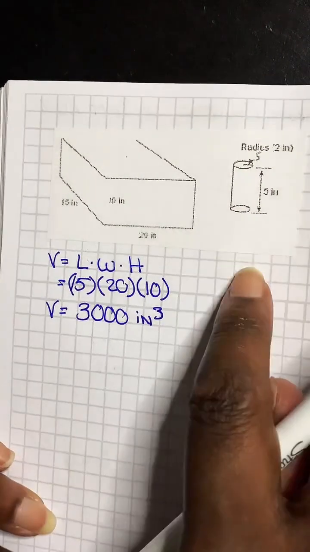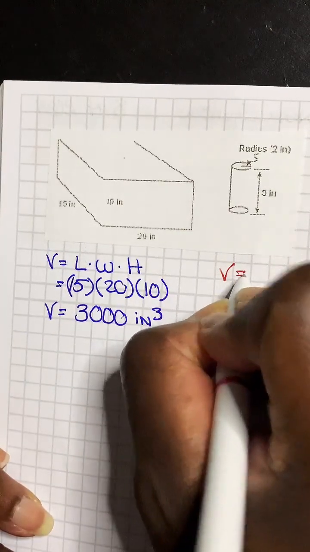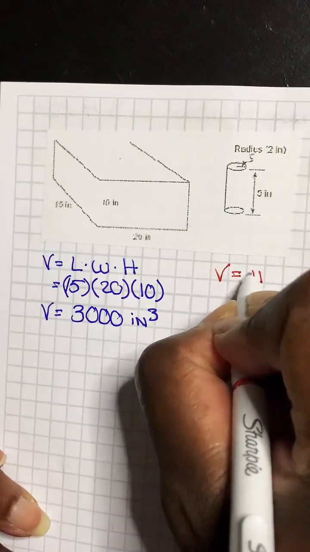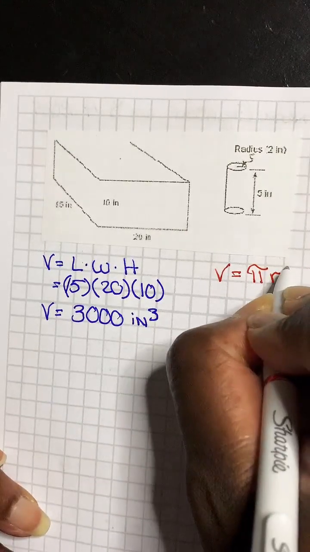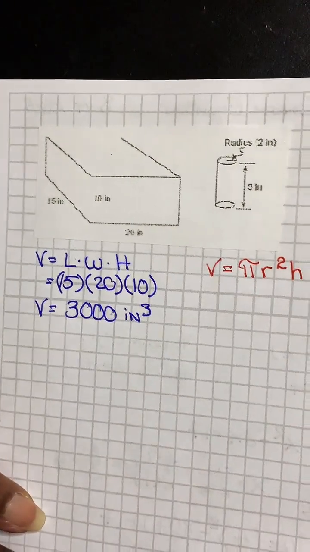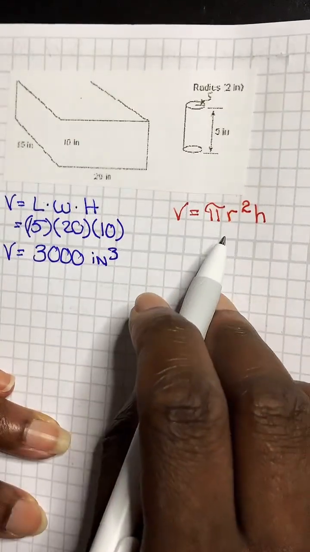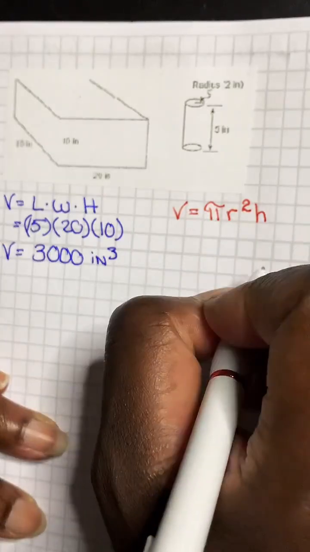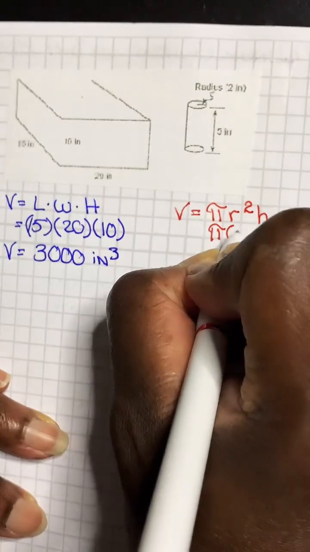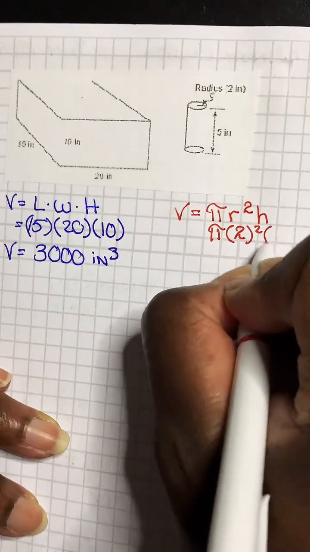But now we need to figure out the volume of our cylinder. So remember, it's the area of the base, which is a circle, so that's pi r squared, times our height. They already gave us the radius, so the radius is 2. So we have pi, our radius 2 squared, and the height was 5.